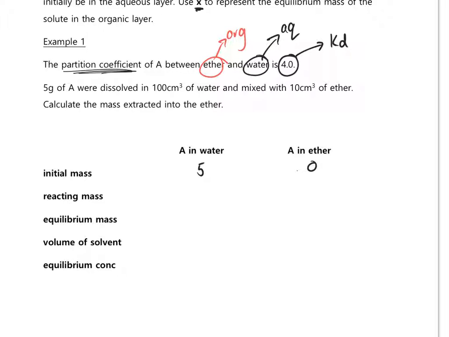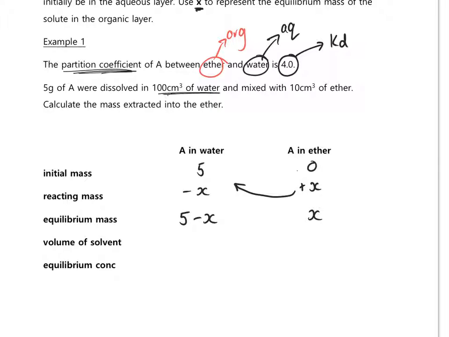Well, we don't know that, so we represent that by using plus X. So X grams of A are going to move into the ether layer when we shake them together. That means that X grams of A are going to be lost from my water layer. So the equilibrium mass of A in water is going to be 5 minus X, and in ether is going to be just X. Volume of solvent I need to get from the question.